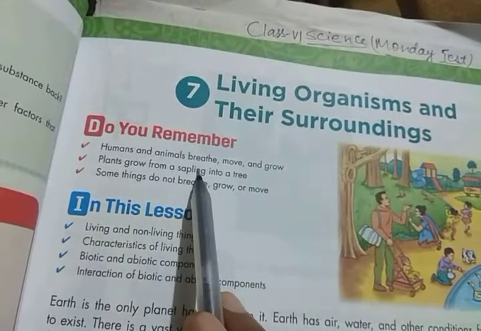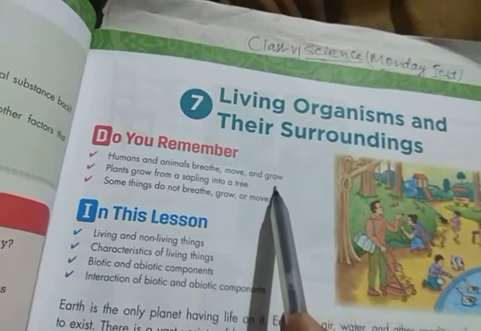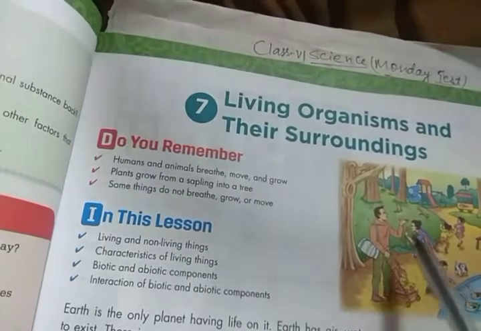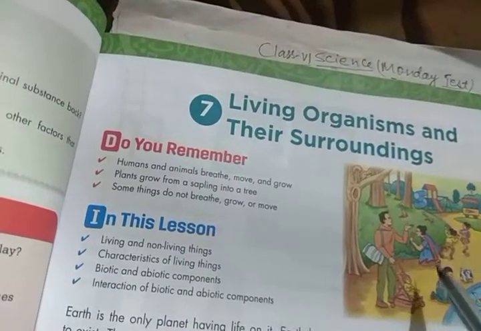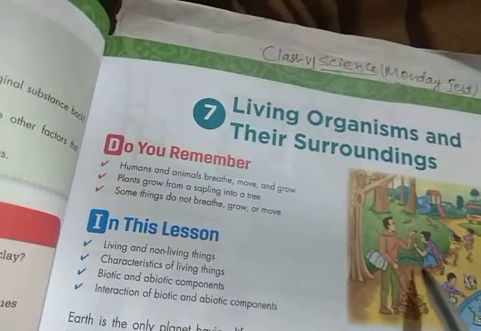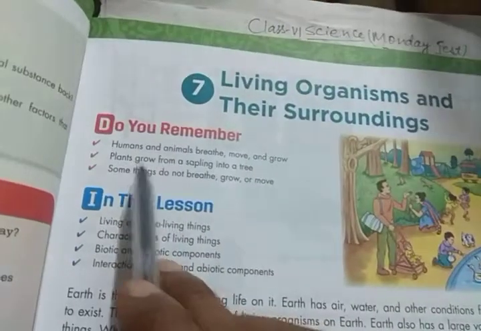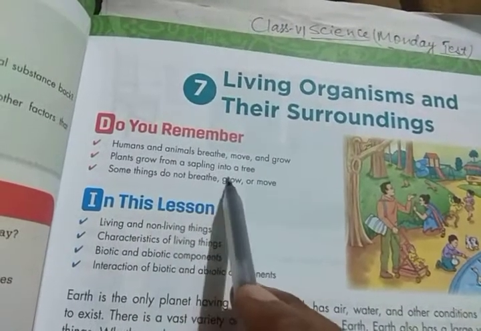Okay? Do you remember humans and animals breathe, move and grow? Of course, all human beings and all animals move, breathe and grow. Plants also grow from a sapling into a tree.